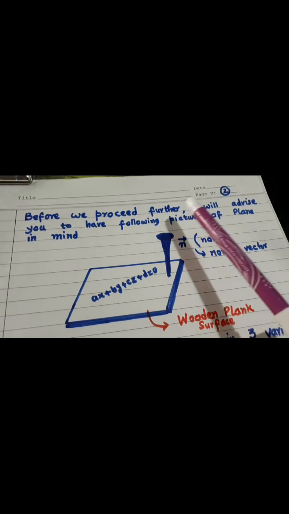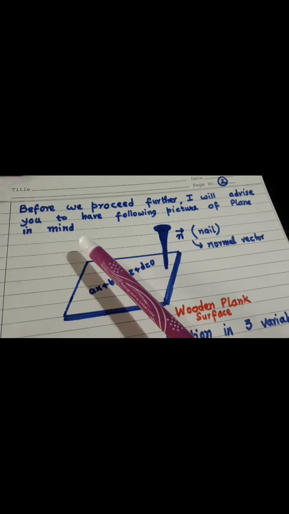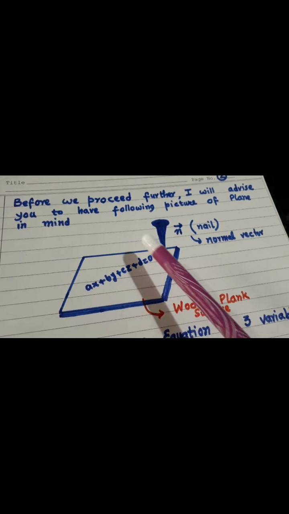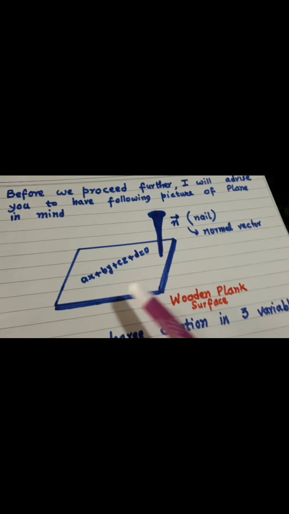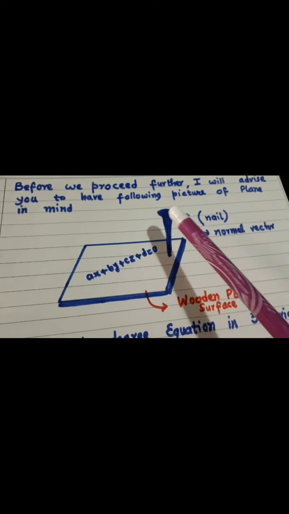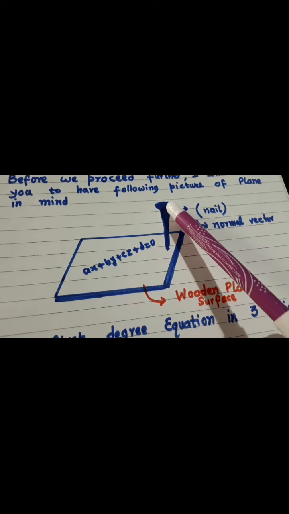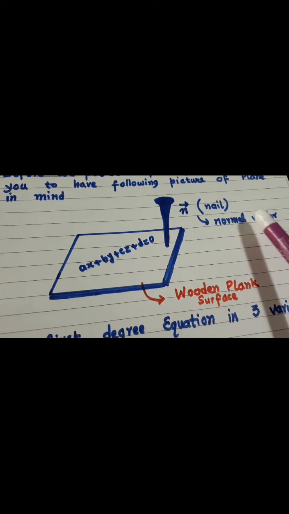Before we proceed further, I'll advise you to have the following picture of plane in your mind. There is a wooden plank, a surface, and there is a nail here. N stands for nail, N stands for normal vector.